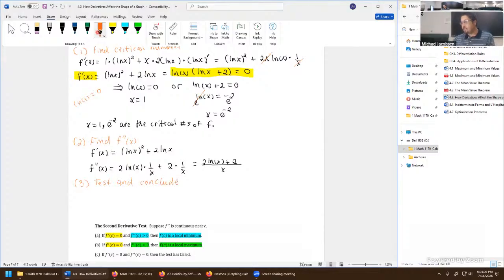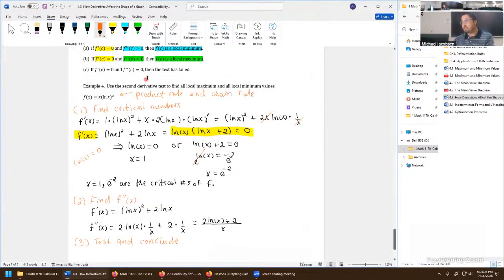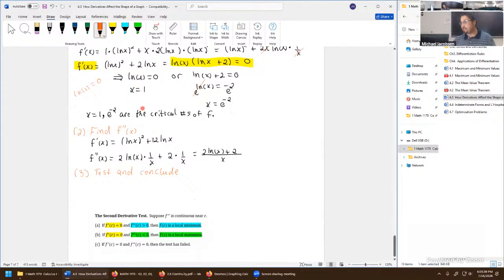What I mean by that is we're going to take those critical numbers, test the sign of the second derivative to see if it's positive or negative, and depending on the value, we'll conclude we have a local minimum, local maximum, or that the test failed. And if the test fails, and you're told to use the second derivative test, that's all you have to say. Just say the second derivative test fails. You don't have to now do a lot more problem or a lot more analysis with the first derivative test. That's okay to just stop at that point.